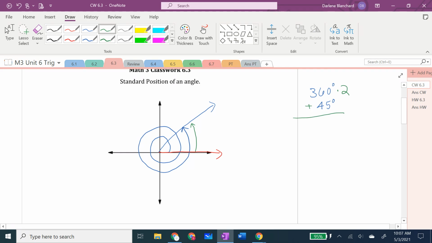So what is the angle that I would get if I rotated around 2 full times and then went halfway into quadrant 1? What would that give us? That would be 765 degrees.